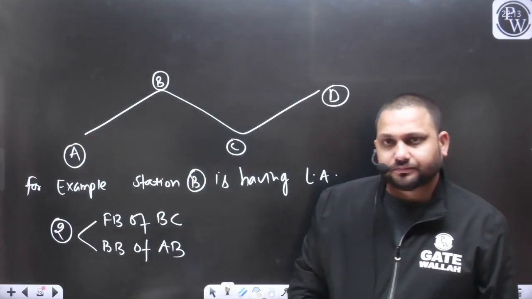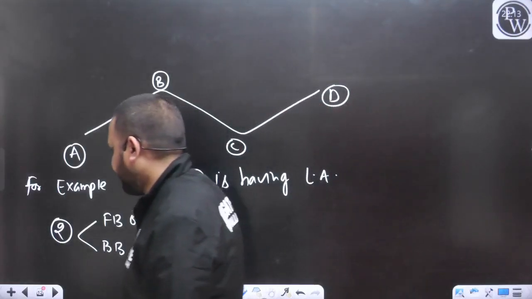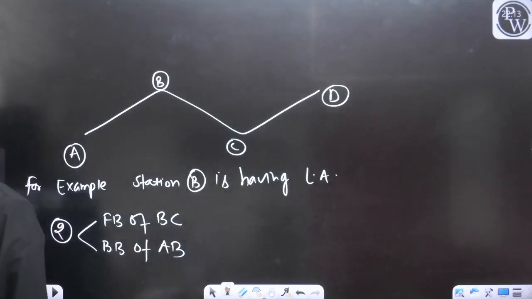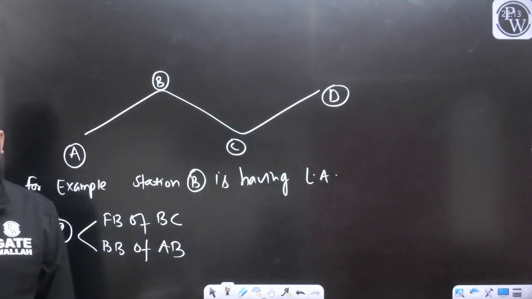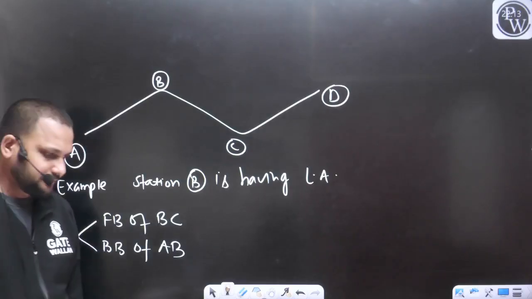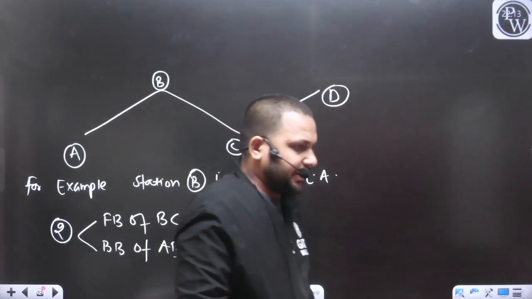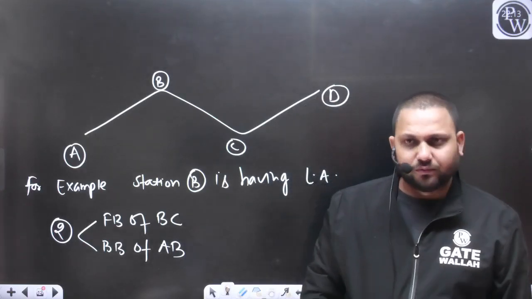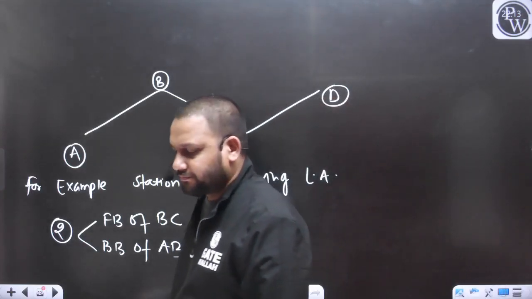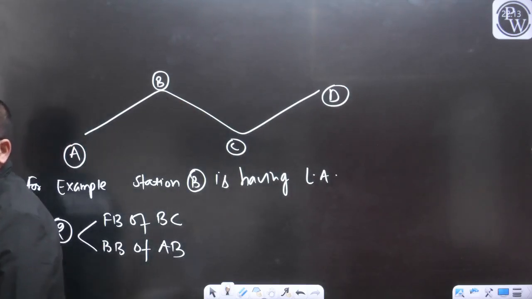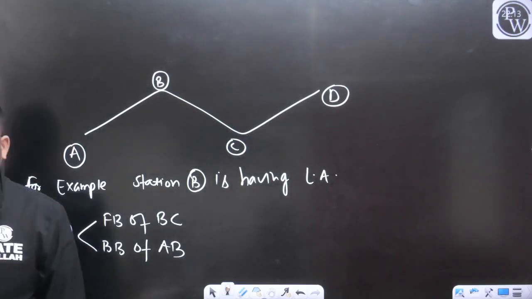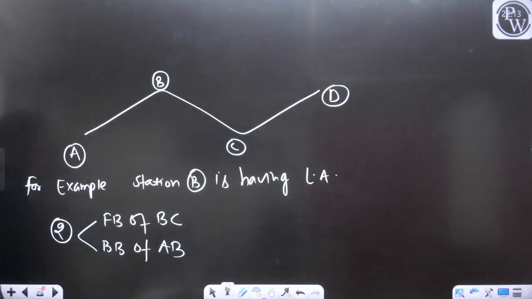Yes or no? Both these readings will have the same error, and to correct these two readings, we need to apply the same correction, yes or no? Tell me in the chat box.